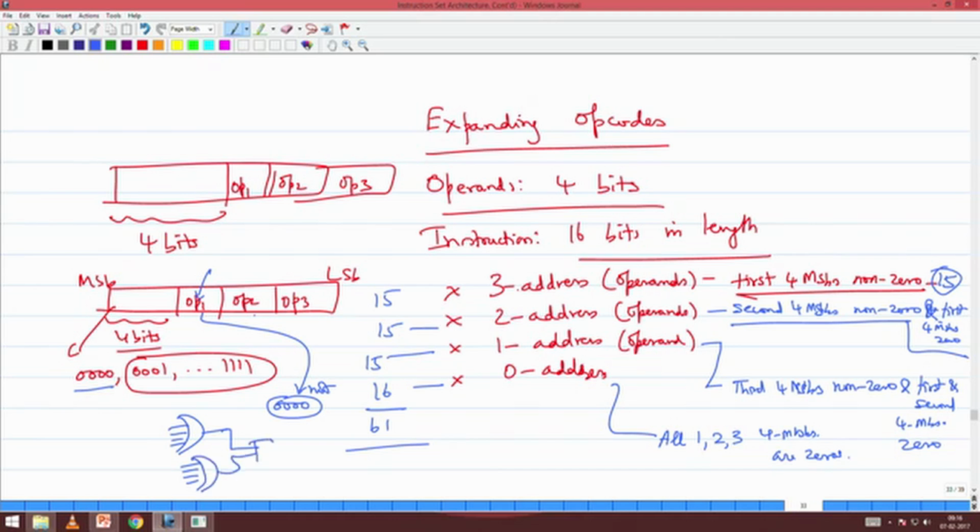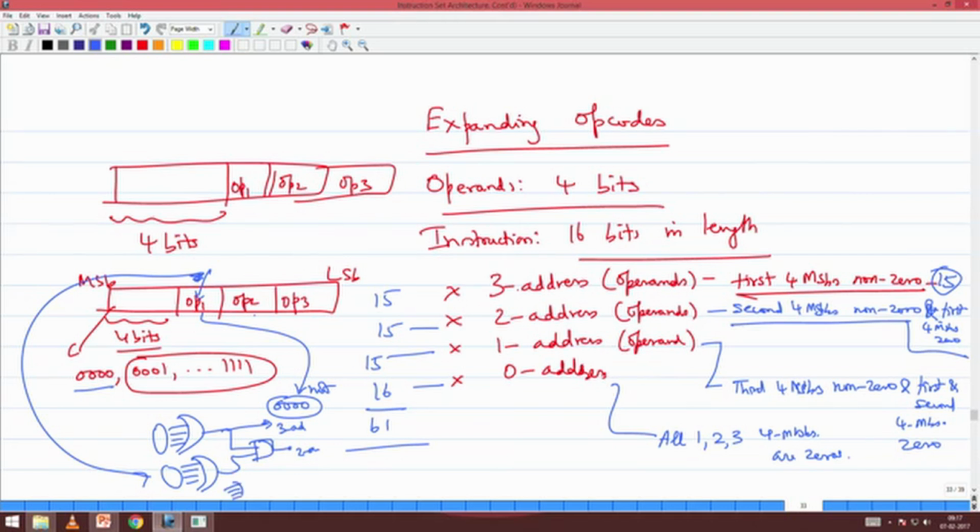If I take the AND of this, I put the next 4 MSBs here, and if I take the AND of it, it is going to tell me whether it is a 2 address instruction. This will tell me 3 address, this will tell me 2 address.